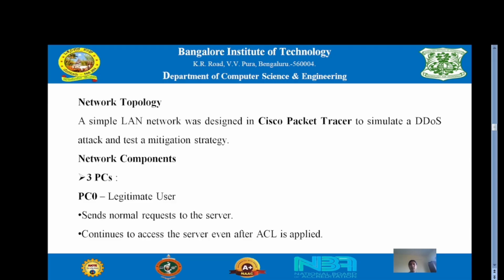Now we start with the network topology. The network consists of three PCs, one switch, one router, and one server. PC0 acts as a legitimate user, which sends normal requests to the server and continuously accesses the server even after ACL is applied.